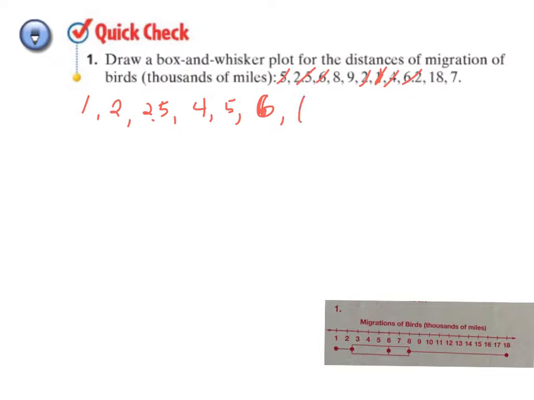Looks like 6.2. 7 is next from what I can see. And then 8 and 9. And 18. Now, by the way, the great thing about box and whisker plot, and I'll talk about this in a second, is you can identify the outliers real quick. So that's a pretty cool thing about it.